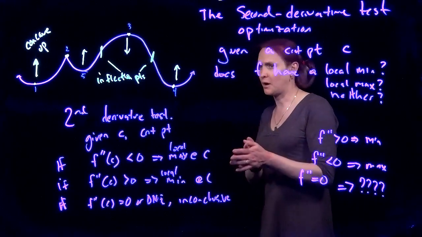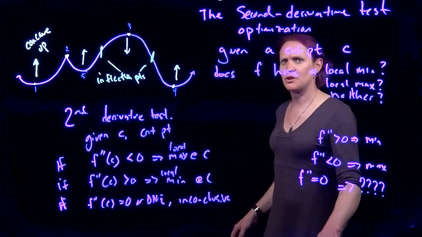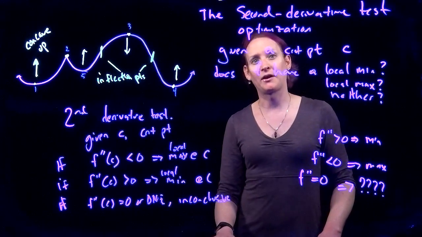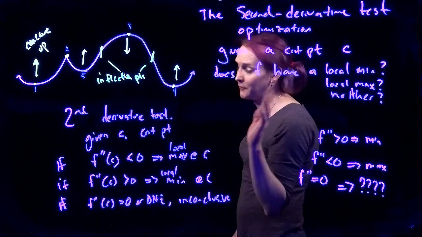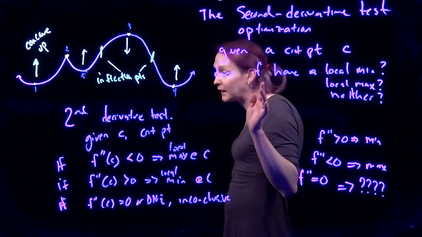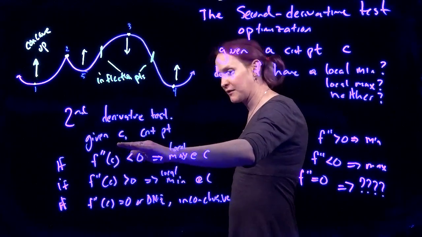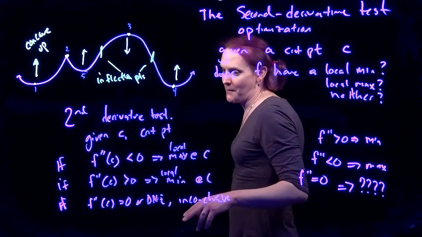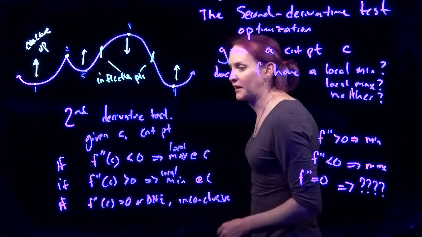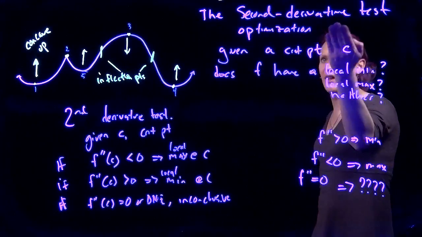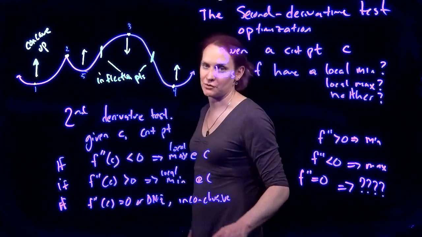Okay, so that's a pretty coarse introduction to the concept of the second derivative test for optimization. Given a critical point, this isn't a recipe for how to find critical points. That's something else. Then we can classify the critical point as a min or a max, or fail to, depending on the sign of the second derivative, and that's why it's called the second derivative test for optimization.